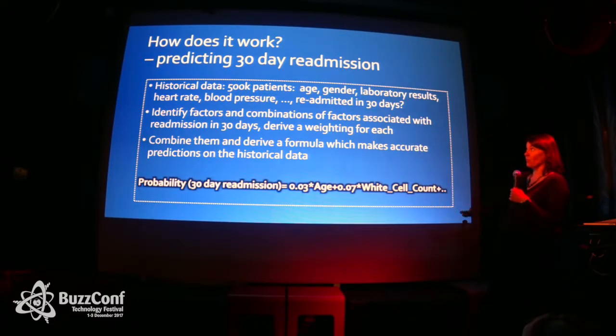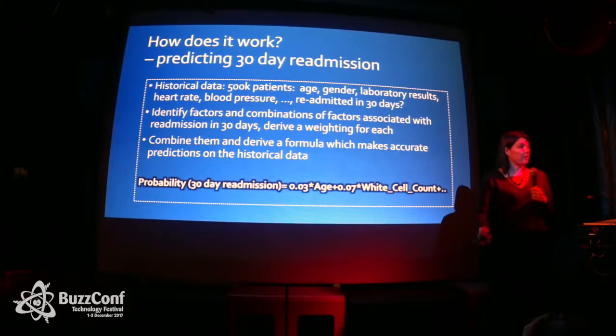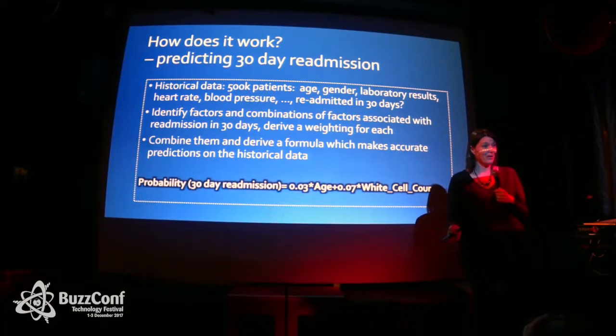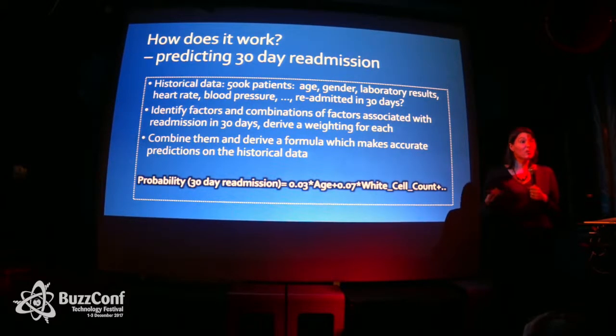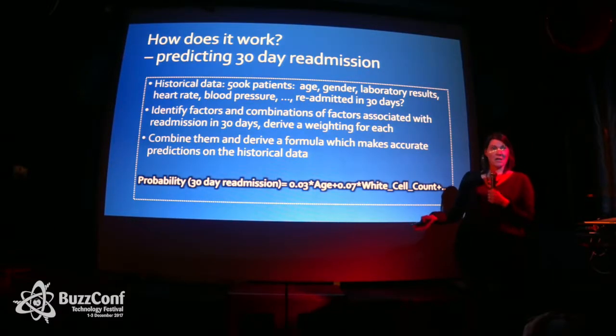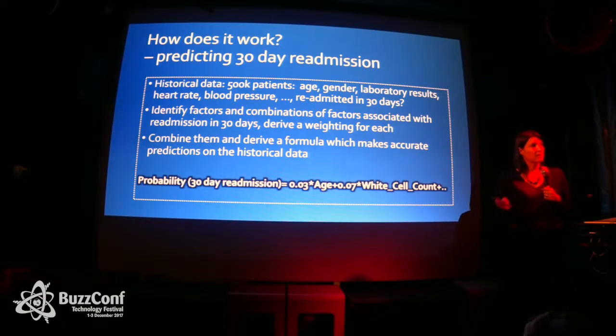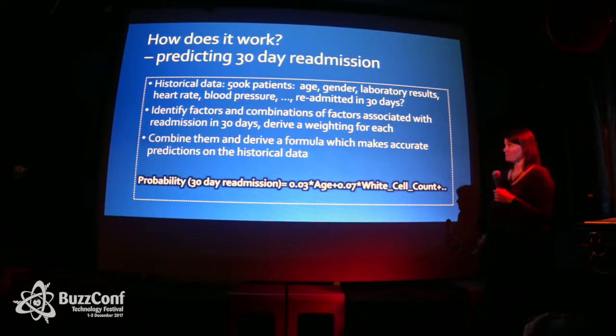In this case, we're interested in trying to predict whether a patient will be readmitted within 30 days. So that means we need to look at patients that were readmitted within 30 days in our historical record to find those examples. We also critically need examples of patients who were not readmitted within 30 days in order to be able to build a model that can discriminate between the patients that are readmitted in 30 days and those that aren't.